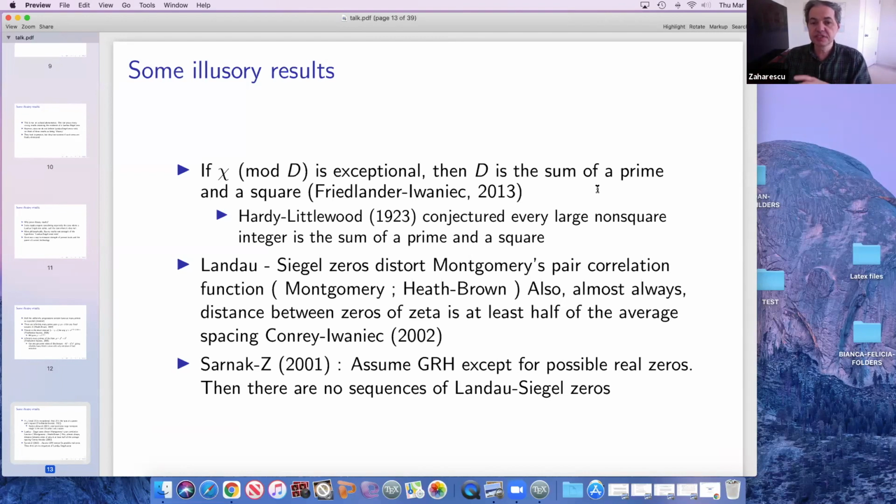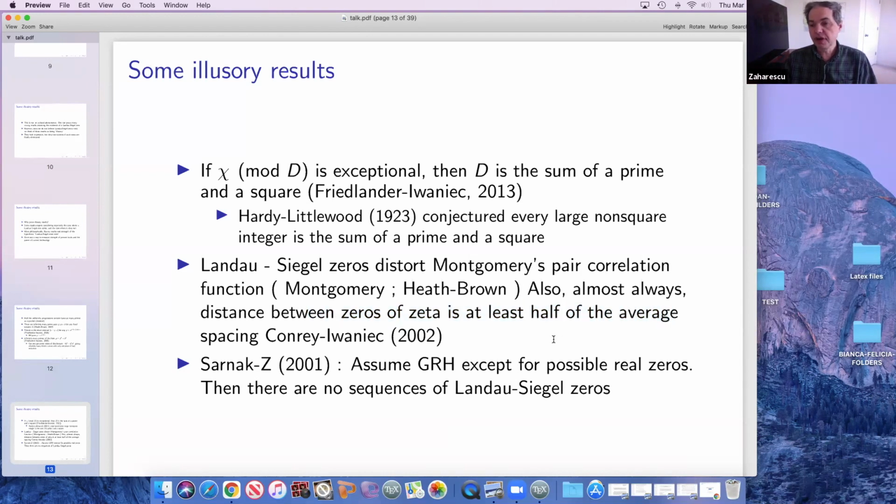Landau-Siegel zeros, for instance, distort the pair correlation function for the zeros of the Riemann zeta function. People call it Montgomery pair correlation. That was known to Montgomery, to Heath-Brown, and more recently, in 2002 I think, there's a paper of Conrey and Iwaniec that showed that if you have a Landau-Siegel zero, then almost always in a certain range, the distance between zeros of zeta is at least half of the average.